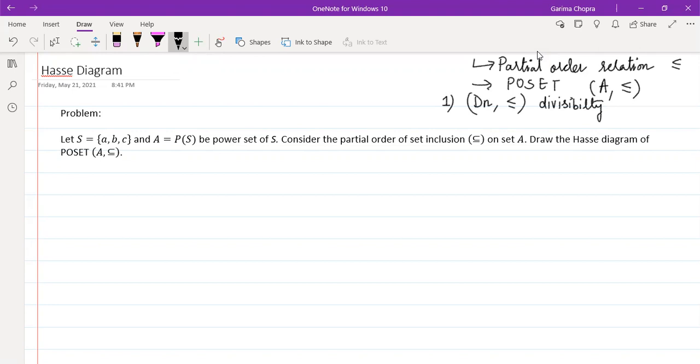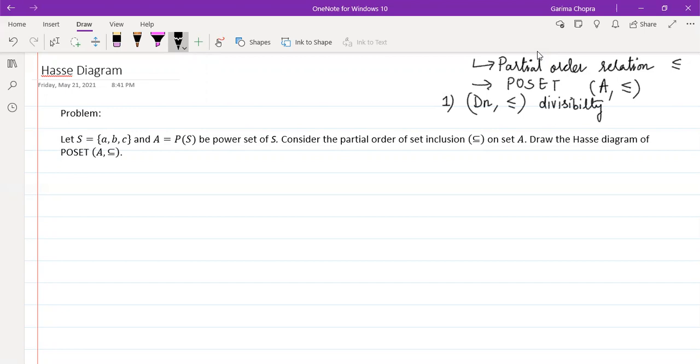We have discussed many other ways by which we can represent the relation. We have discussed the arrow diagram representation, the matrix representation for relation, and the directed graph representation for the relation. Here, this hash diagram is again a way of representing the relation, but it is particularly for the partial order relation. It is for poset.